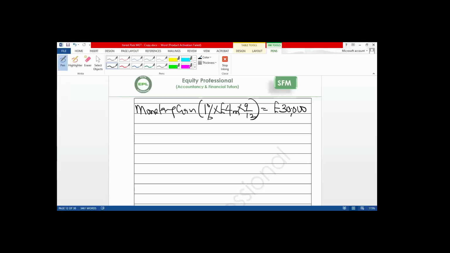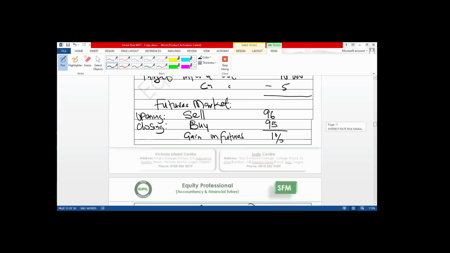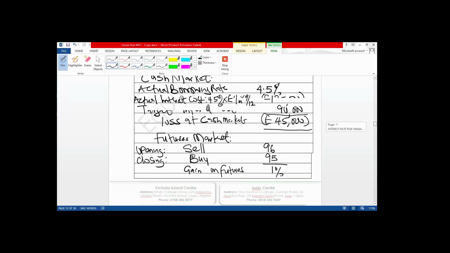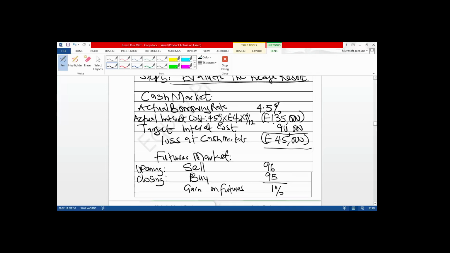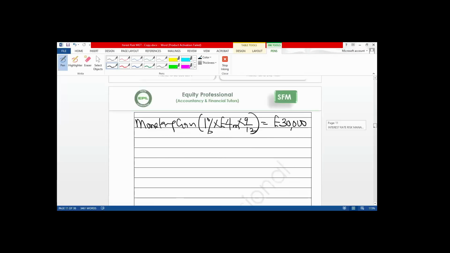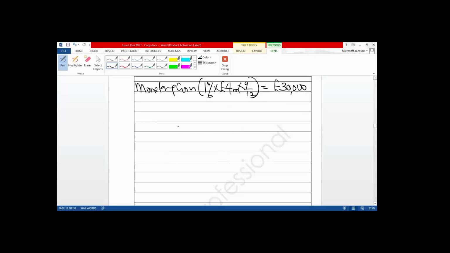That means in the cash market, on your borrowing, you are going to pay 135,000 pounds. You are now going to make a profit of 30,000 to reduce the actual amount you have paid.